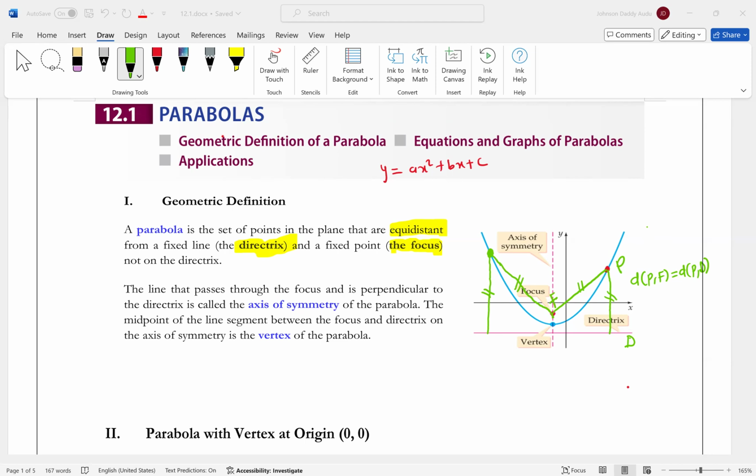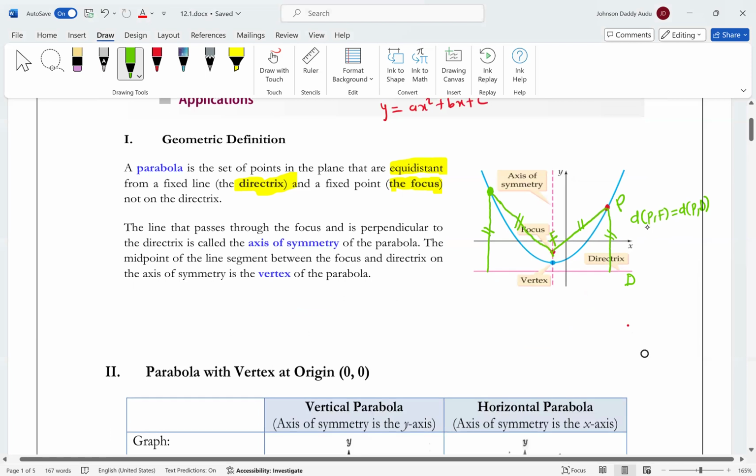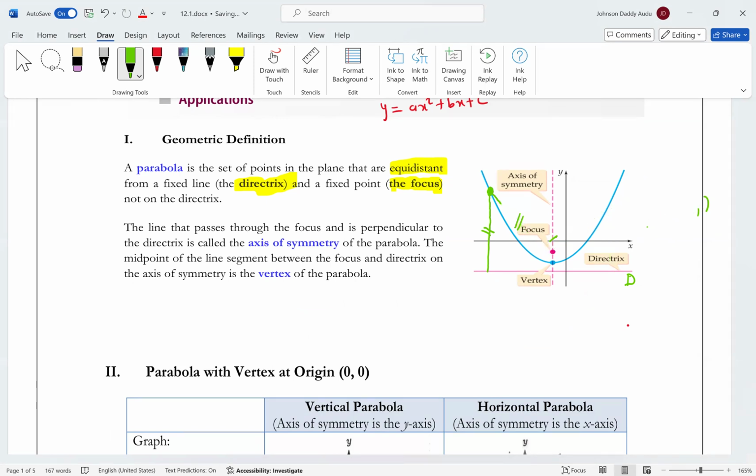That line is called the axis of symmetry. If you look at this parabola here, there is a line, this line, that divides the parabola into two equal halves, called the axis of symmetry.